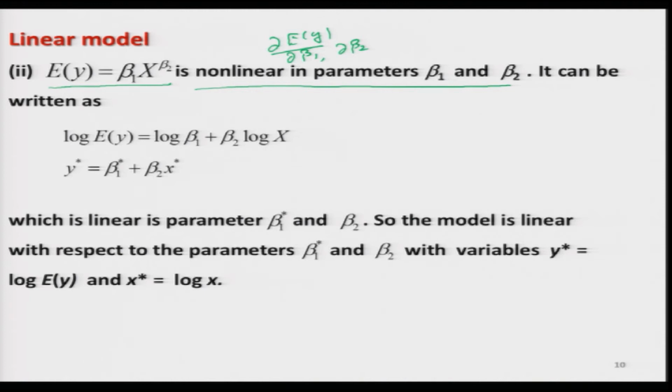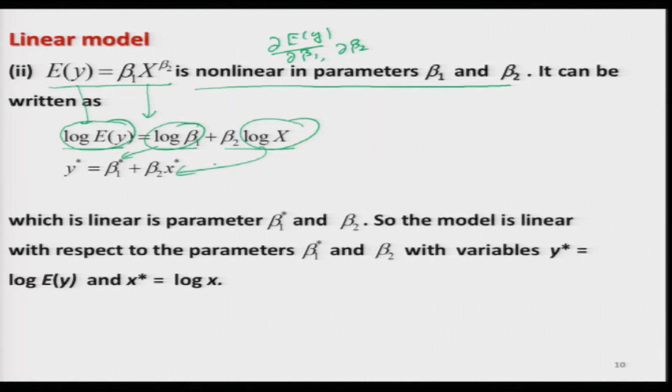So, if you try to take here the log on both the sides, you can write down log of expected value of y, and then beta 1 will become log of beta 1 plus beta 2 times log of x. And let me denote this log of expected value of y as here y star, this log of beta 1 as beta 1 star and log of x as here x star.